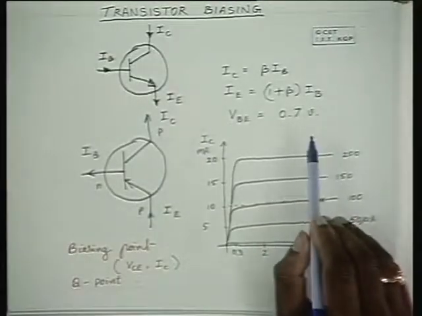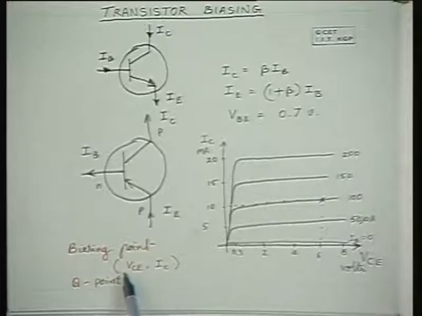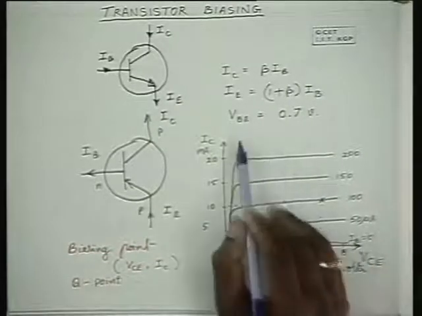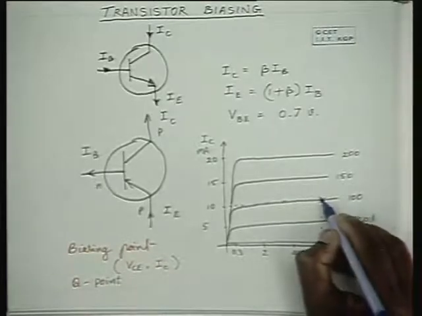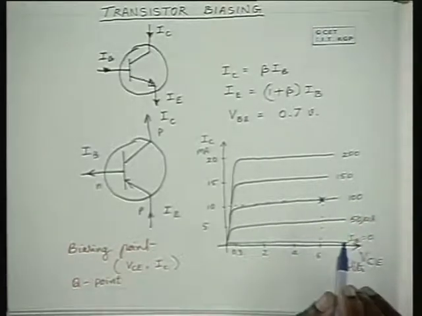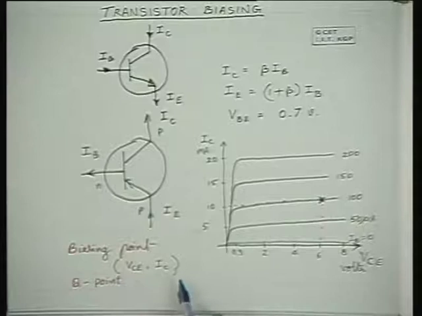Since this is obvious, it is not necessary that it be specified. VCE and IC themselves are good enough to state that the transistor is in the active region, and this is the voltage and this is the current. Other information like VBE and IB are derivatives of this. So the point where you are operating the transistor under quiescent conditions is known as the quiescent point, and this is the biasing. This indicates the biasing voltage and biasing current.